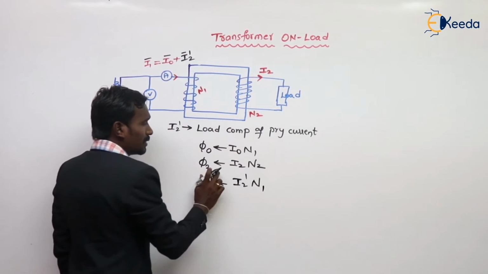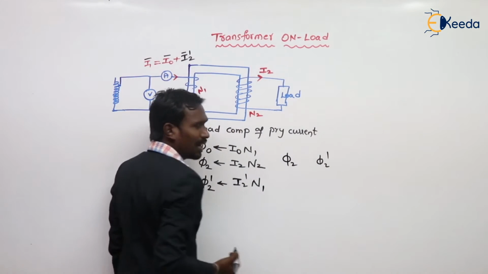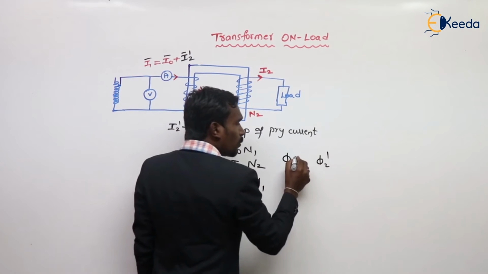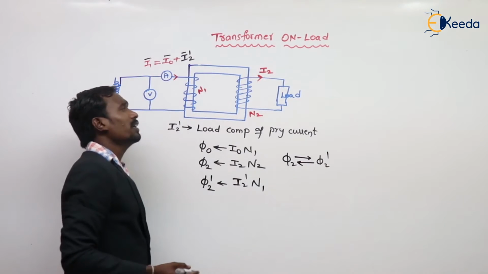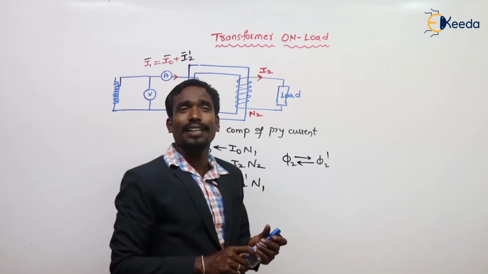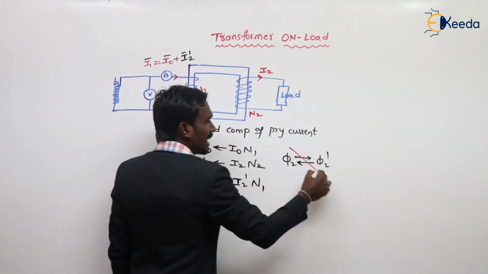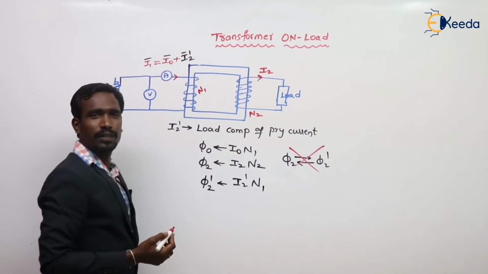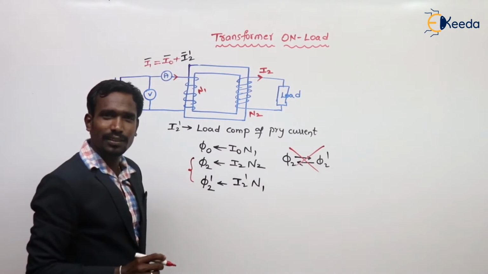See here, this phi 2 and phi 2 dash are equal in magnitude but opposite in direction, according to Lenz's law. Hence, these two cancel each other out.